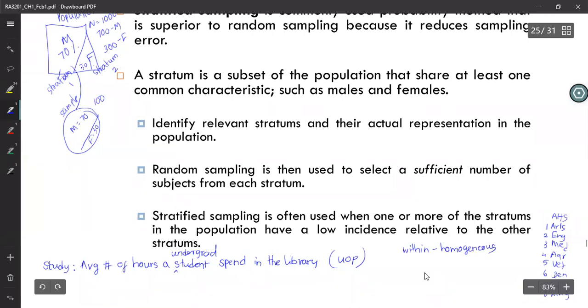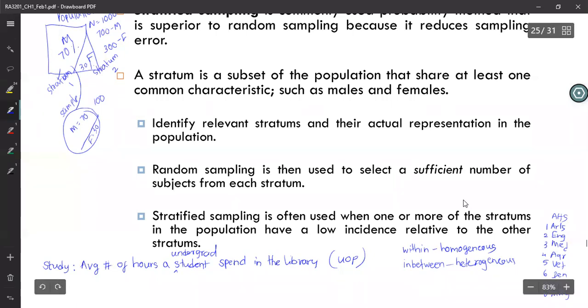In between strata, they should be heterogeneous. That means very different. Okay, arts and engineering students are different. That is heterogeneity. But inside art students, all art students, they are the same. They are homogeneous. Okay. So that is how you figure out the strata.